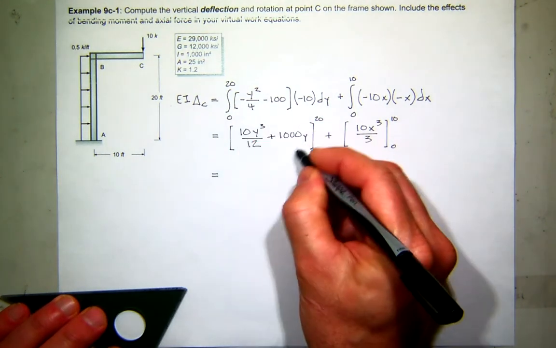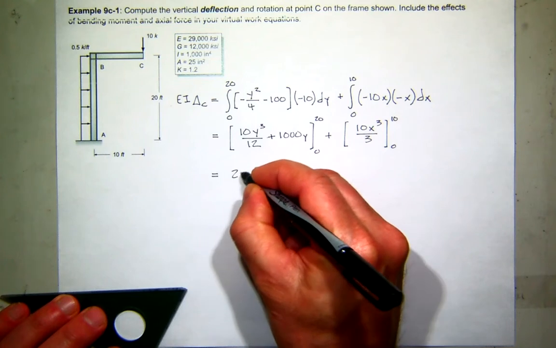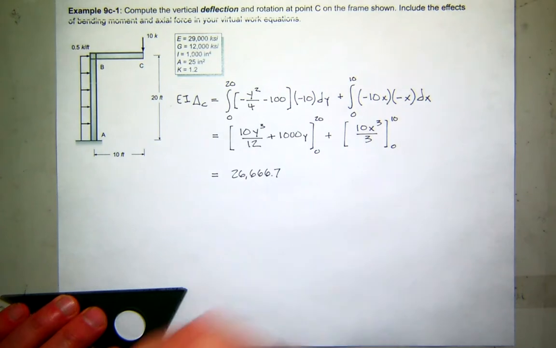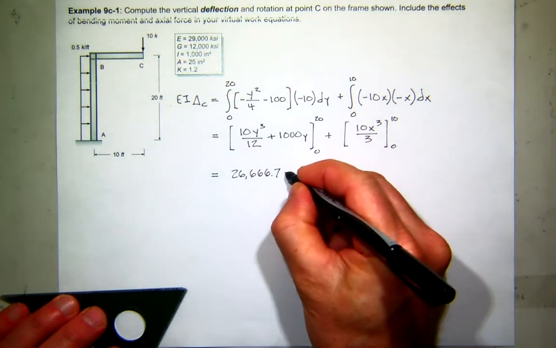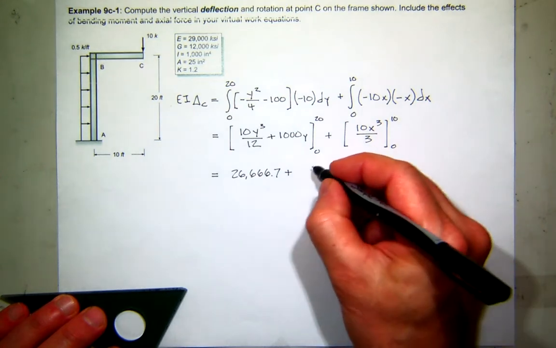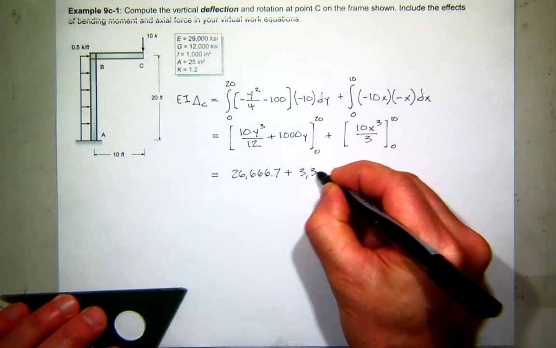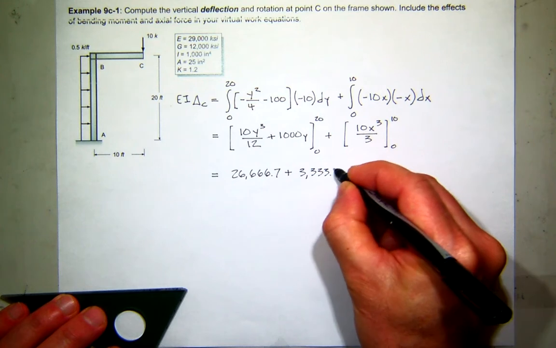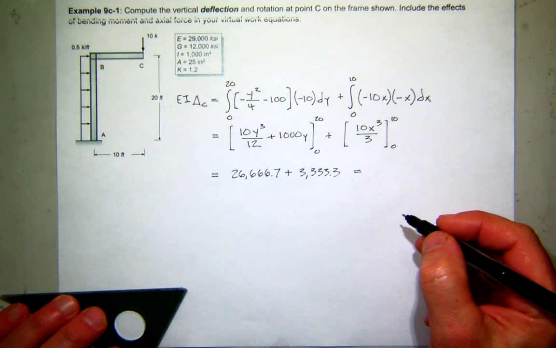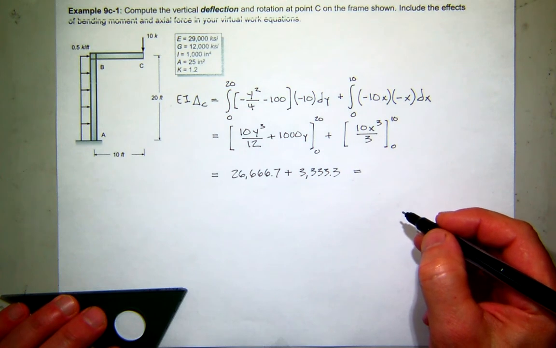For this first term? Yeah. So 26,666, probably 0.7, right? And then the last one we got was 10,000 divided by 3, so that's another 3,333.3. Oh, look at that. You add those together, and what do you get? 30,000? Exactly? Wow.